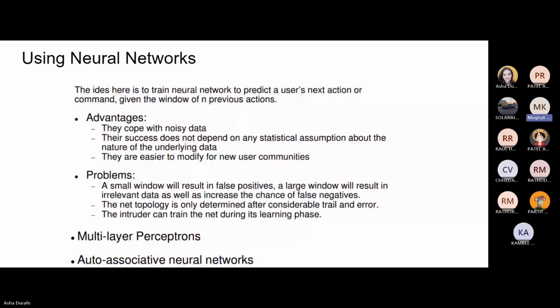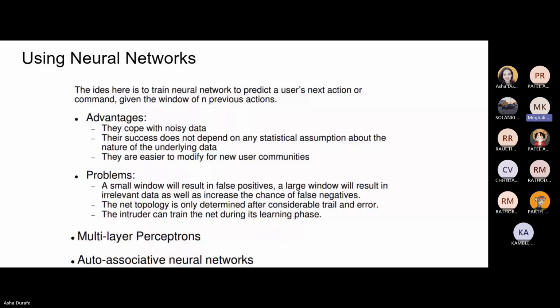And the net topology is only determined after considerable trial and error. These are all drawbacks here. Accordingly, you can use multi-layer perceptrons or auto-associative neural networks. You can use RNNs, replicator neural networks. All these strategies can be used for anomaly detection.